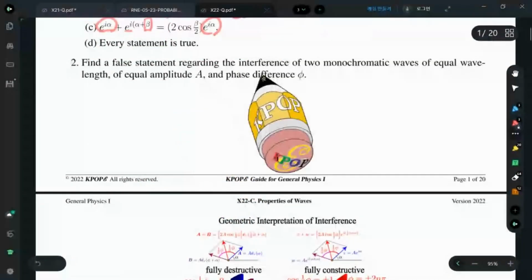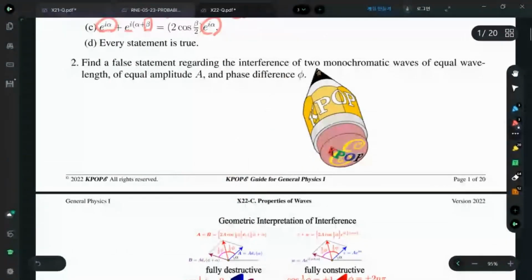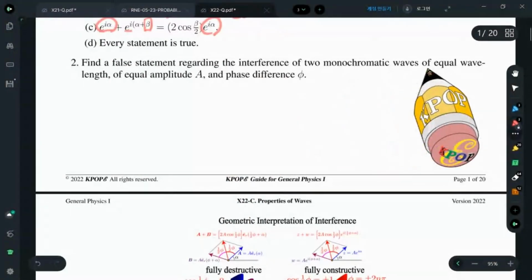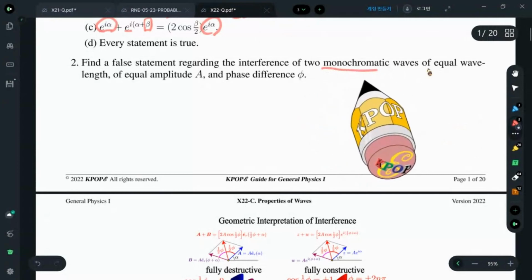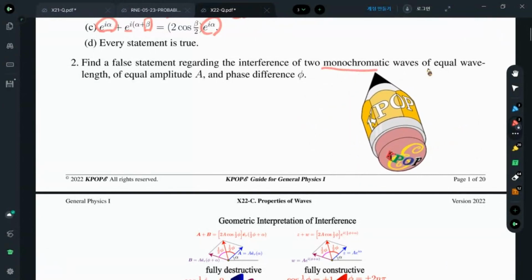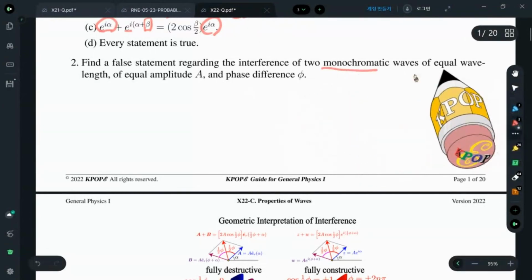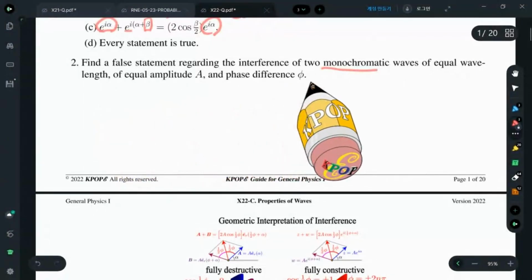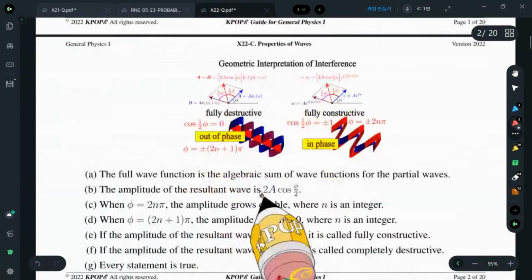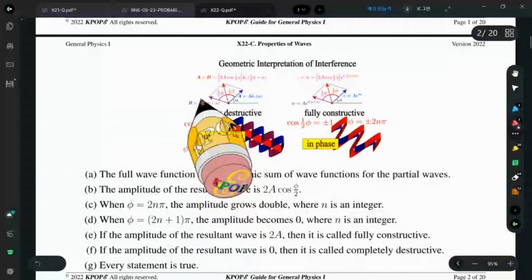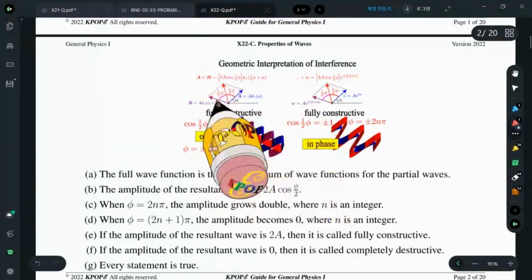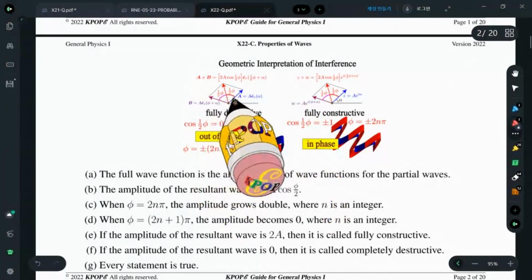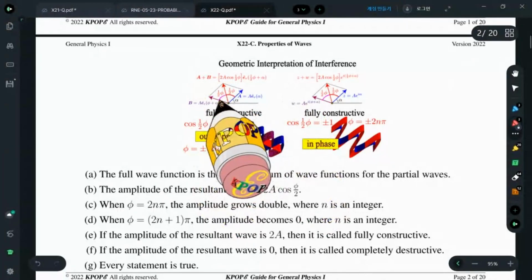Find the false statement regarding the interference of two monochromatic waves. Monochromatic means the wavelength is the same and the frequency is the same: equal wavelengths, equal amplitude A, and phase difference phi. So we have a geometric interpretation of two vectors having angular difference phi.